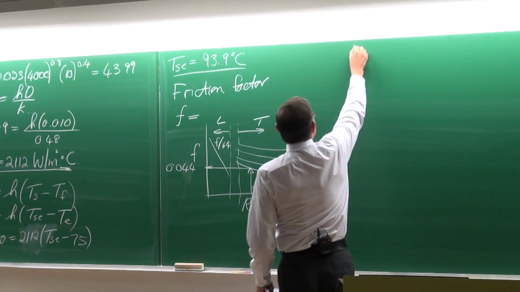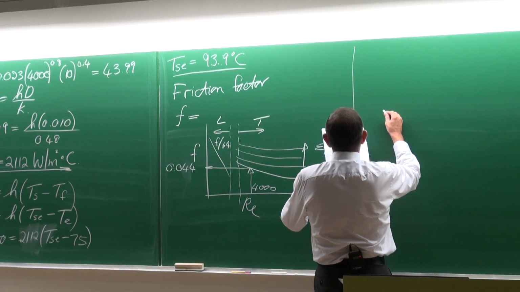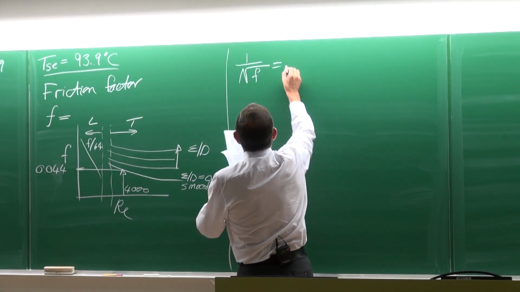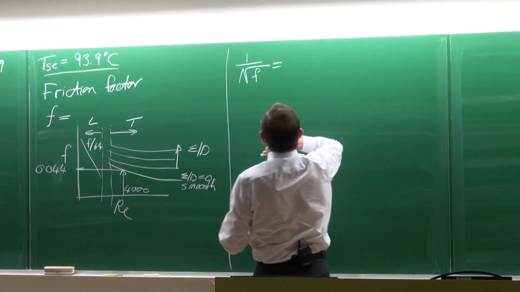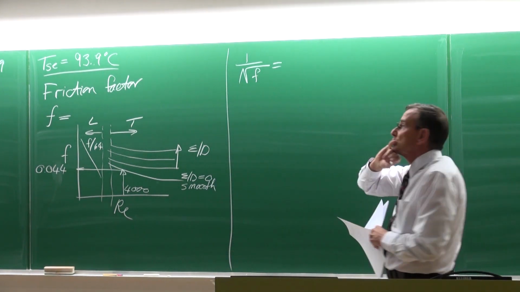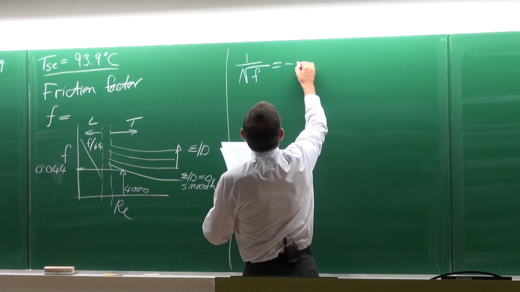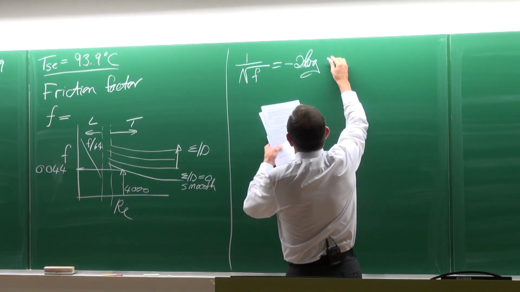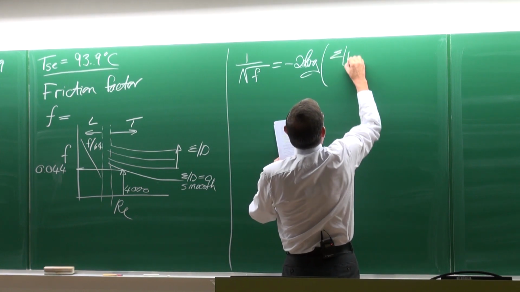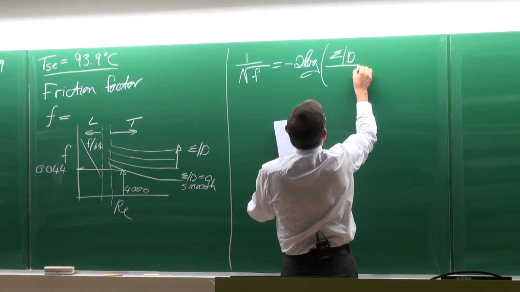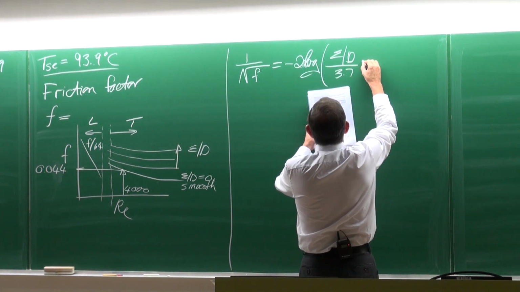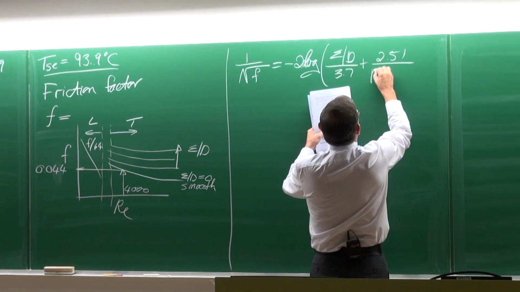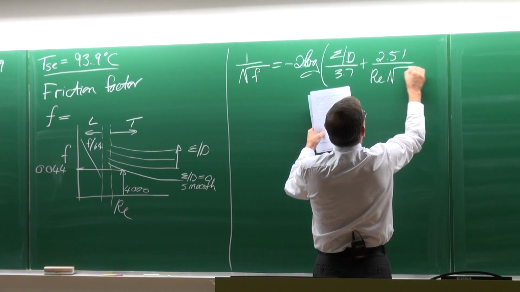If you're not as lazy as I am, you can use the Colebrook equation, which looks like this: minus 1 divided by the square root of the friction factor is equal to minus the log of epsilon divided by d divided by 3.7 plus 2.51 divided by the Reynolds number times the square root of the friction factor.